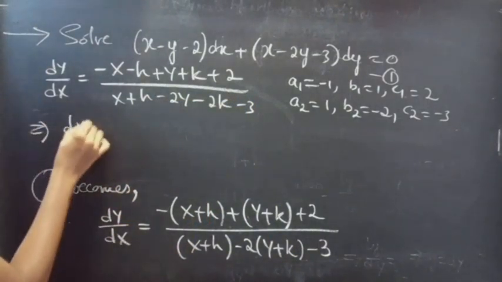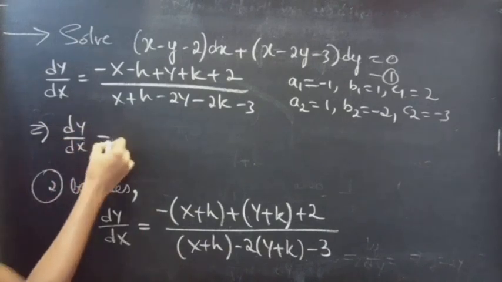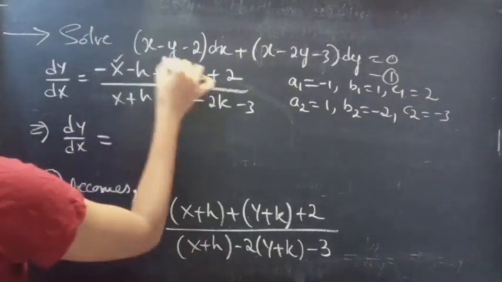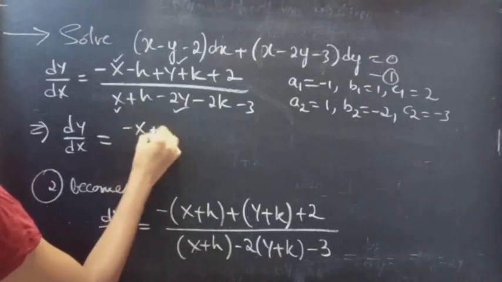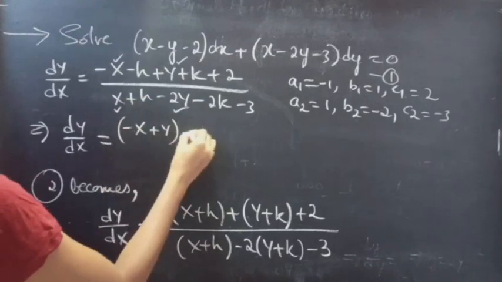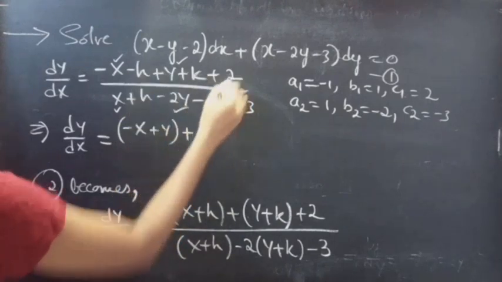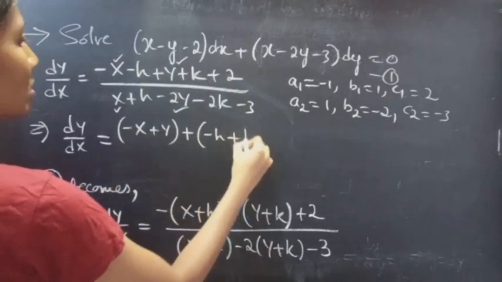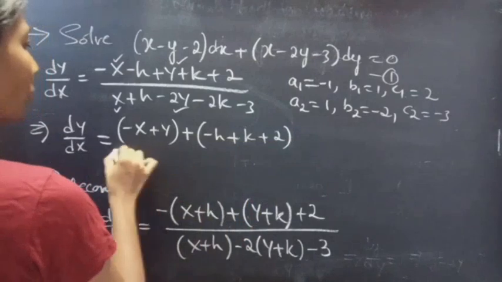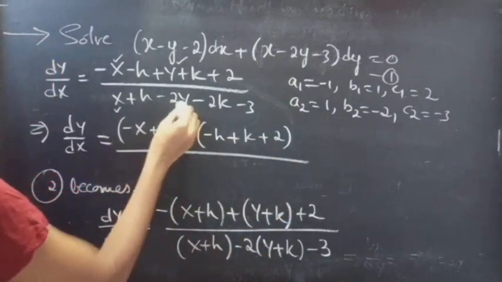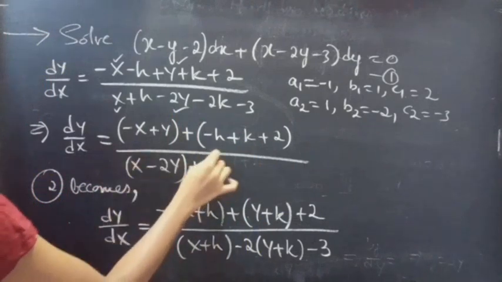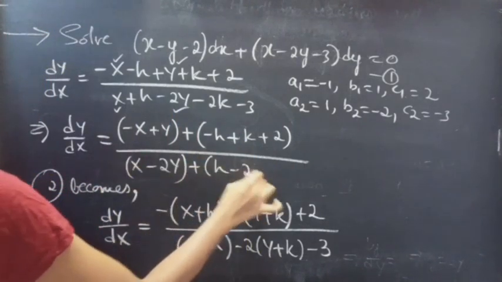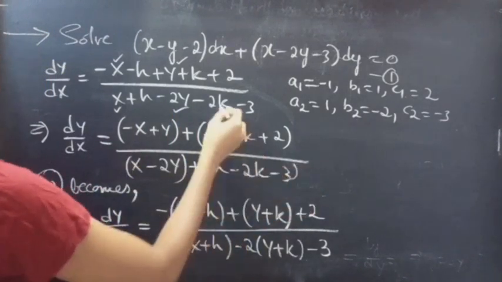Then dy/dx equals, firstly we'll write the x and y terms: (−x + y + the remaining 3 terms, −h + k + 2) over (the x and y terms, x − 2y, plus the remaining terms, h − 2k − 3).